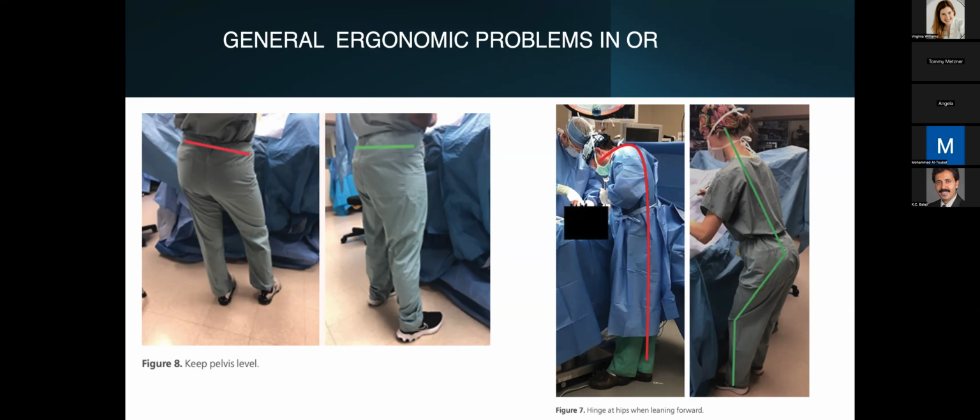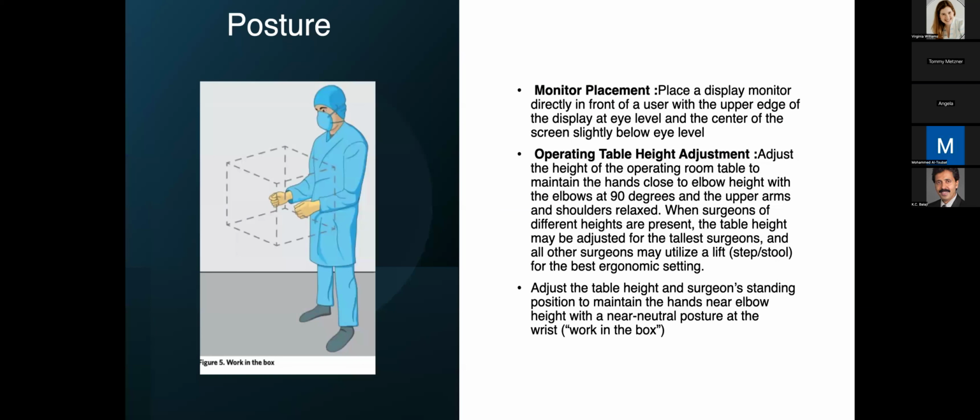You don't want to be standing on one foot or putting weight on one foot. And whenever you lean forward, try to hinge at your hips to help with that back posture and the back pain. So it's all about posture, posture, posture.